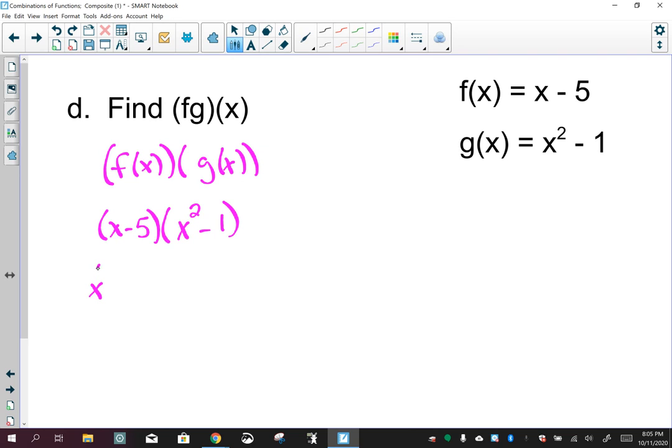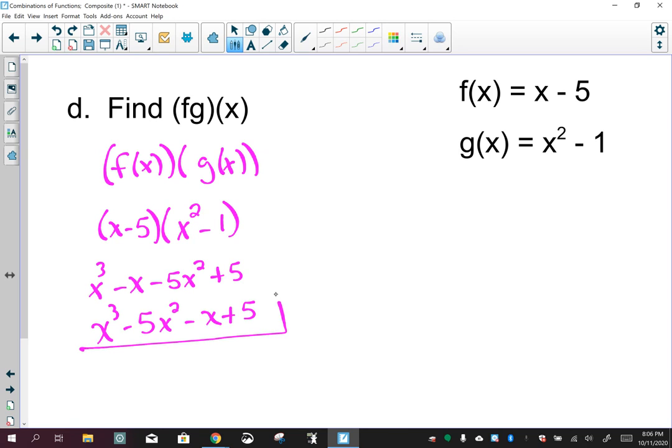So I have x cubed minus x minus 5x squared plus 5, and then clean this up. I said x cubed and I wrote x squared, didn't I? Yep, x cubed. So x cubed minus 5x squared minus x plus 5. And this is what I'm looking for.